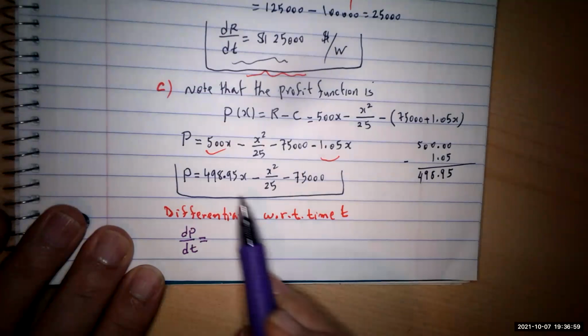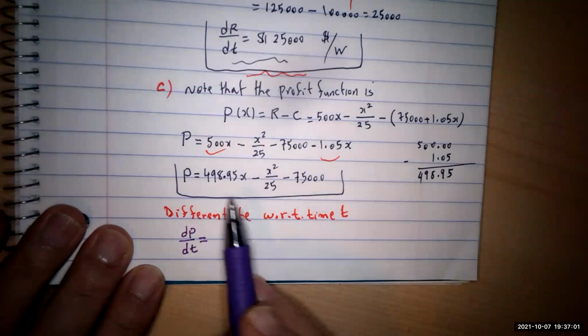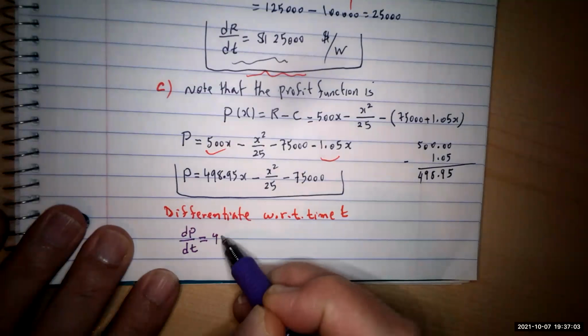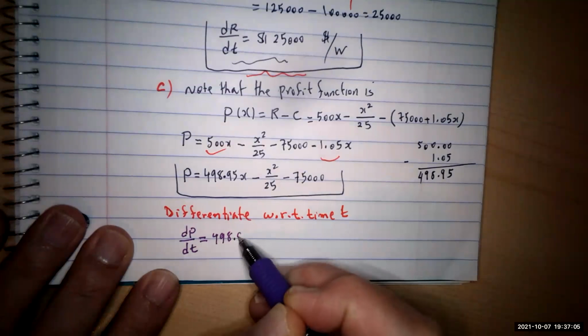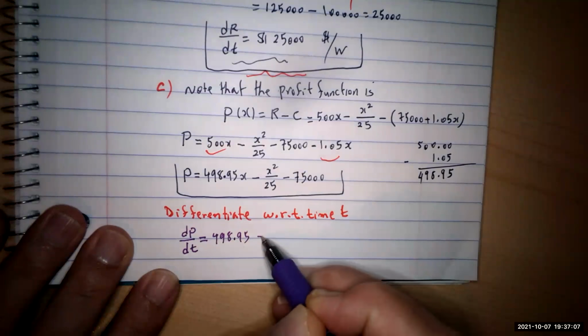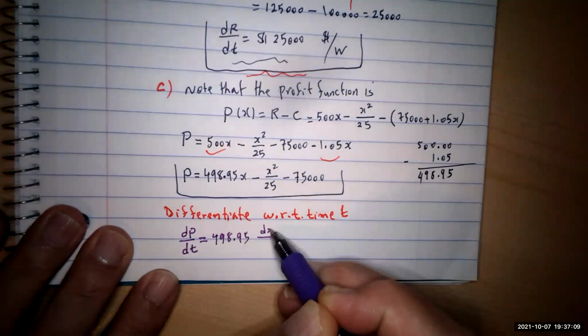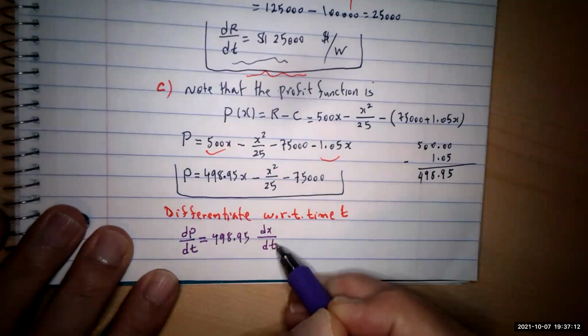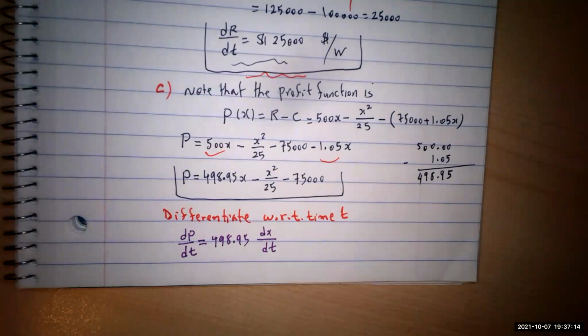When you differentiate this one, you drop the x, so that gives you 498.95. Just make sure you multiply by the rate of x, dx/dt. Anytime you differentiate, you have to multiply by the rate of the corresponding variable. The variable here is x, so multiply by dx/dt.